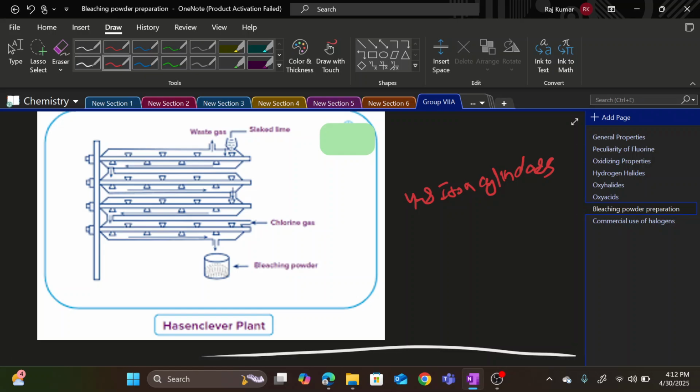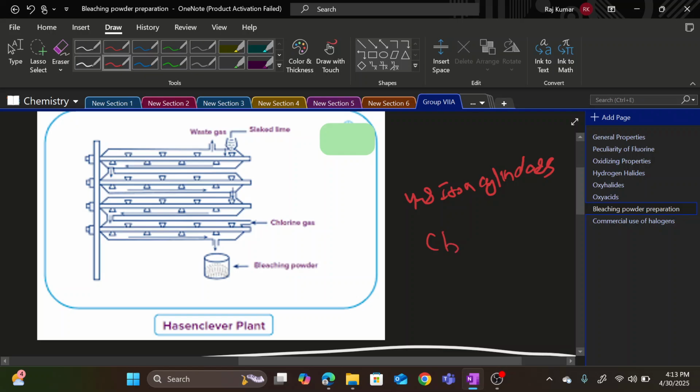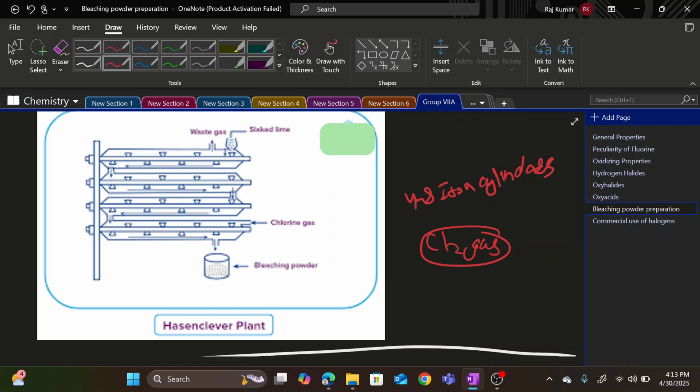Dry slaked lime powder comes in, and the stirrer present in each of the iron cylinders is stirred, due to which the dry slaked lime is able to move from one cylinder to another, finally to the lowest cylinder where the chlorine gas is present, where the chlorine gas reacts with the slaked lime in order to produce calcium hypochlorite, which is collected from the outlet.